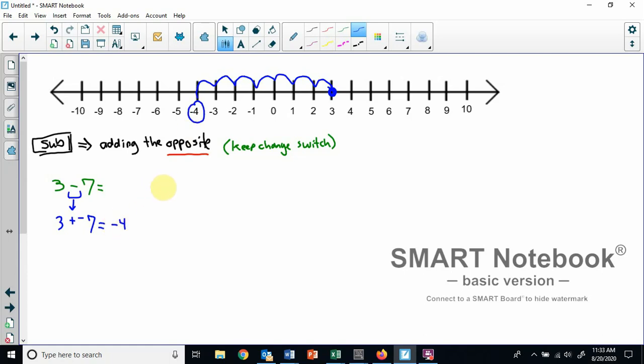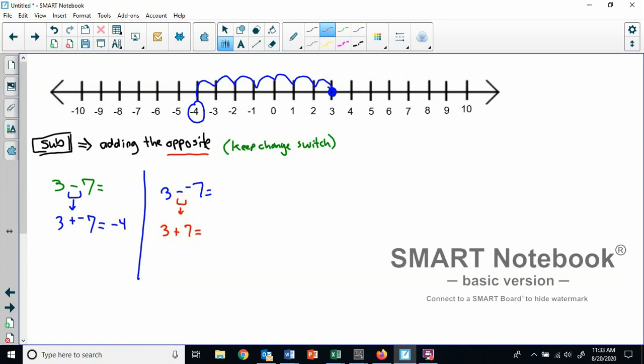Okay. What if I did 3 minus negative 7? Once again, if you remember that subtraction is just adding the opposite, I'm going to turn the subtraction into adding the opposite. Well, this is a negative 7. What's the opposite of negative 7? A positive 7.